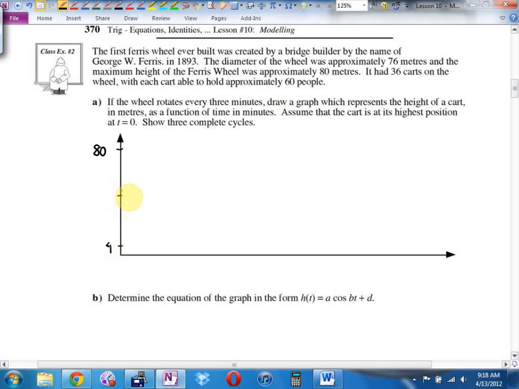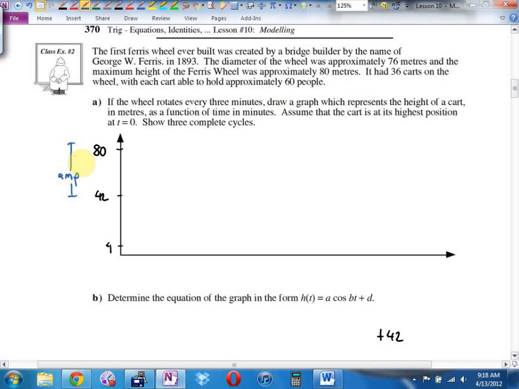Now, the easy way to do it is go this plus this and divide by 2. Yeah. 42, which means there's my vertical displacement. Oh, and that's my amplitude, or going in the other direction.